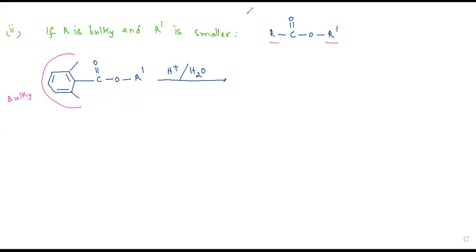Now, as a result, these two reactions never happen. This, the one that has to happen, and even this. It is because if that happens, we are going to get something unstable.